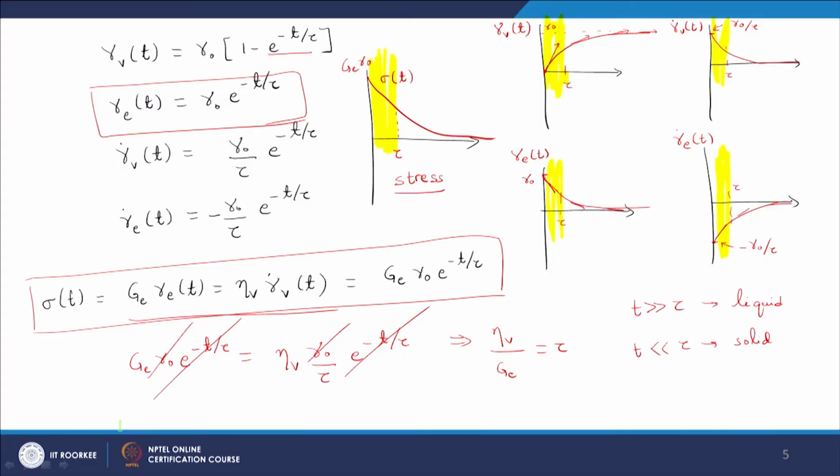But if we go to longer times, the stresses have dissipated. Since we apply a constant strain, the strain rate or shear rate is 0 and therefore the material will stop flowing, and the material will pretty much relax its stress to 0.